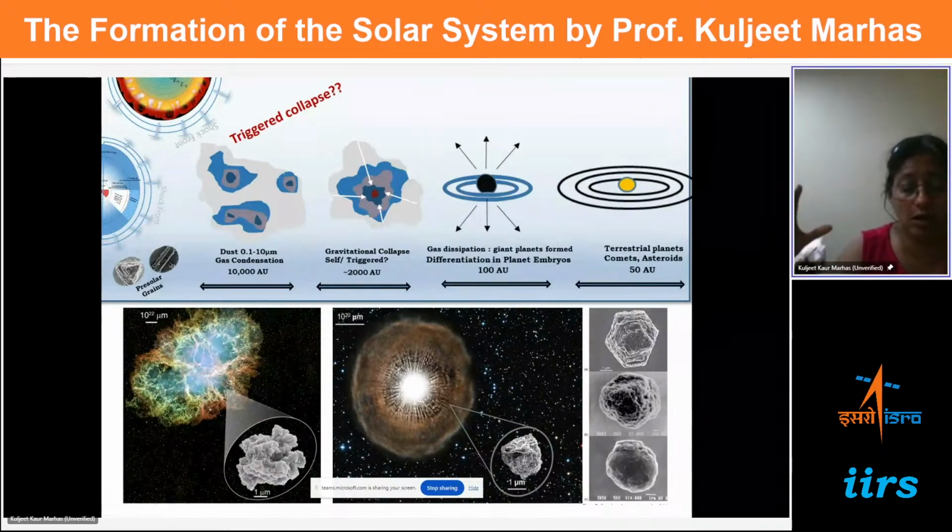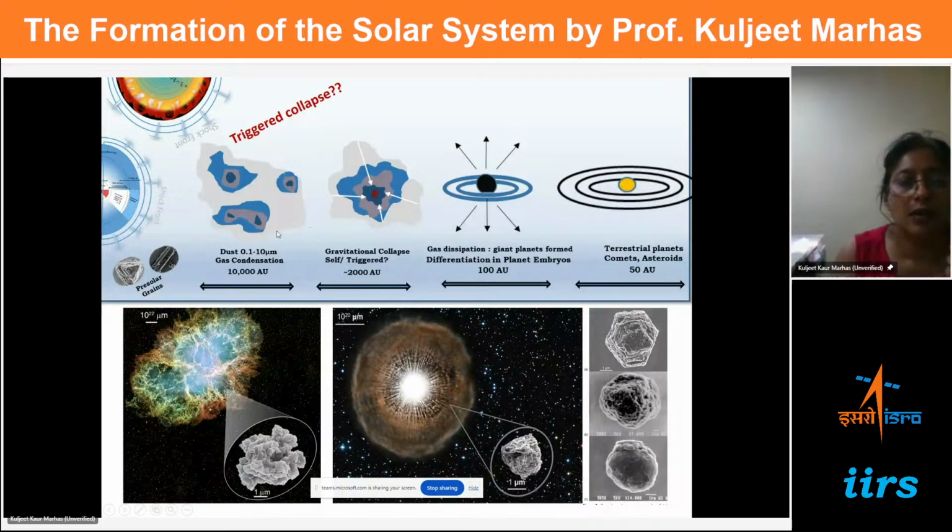A giant molecular cloud has about one hydrogen per cubic centimeter. It has a few denser molecular clouds within it, which are like 10 raised to 3 hydrogen per cubic centimeter. And there are cores. The cores are the ones which gravitationally collapse to form a star or a planetary system. So some cores will form a star and some will form a planetary system. That's it. It's statistical.